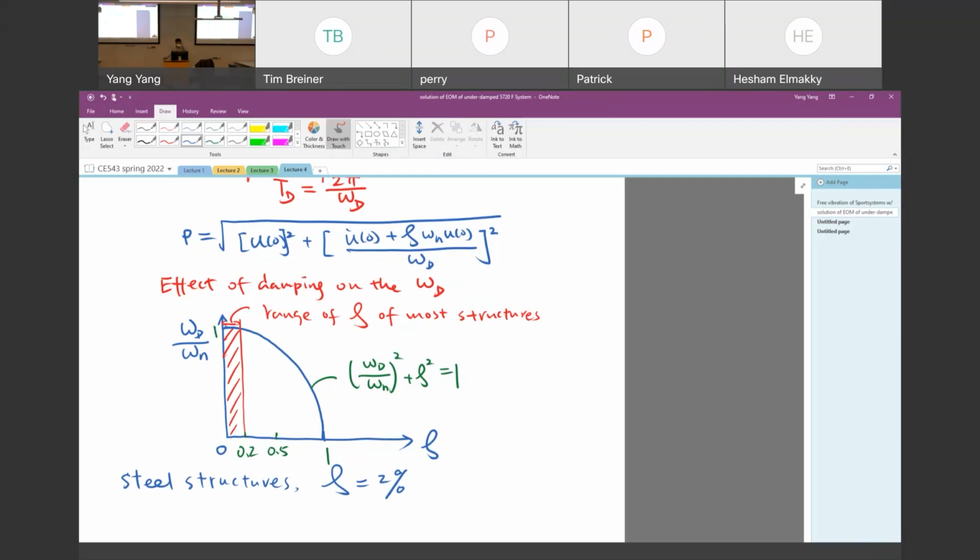For steel, the damping is pretty small. And for concrete structures, you may use a larger damping ratio.